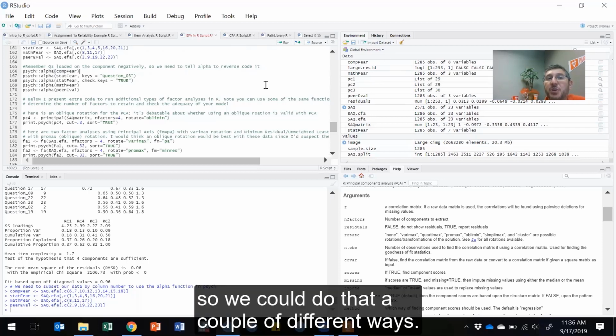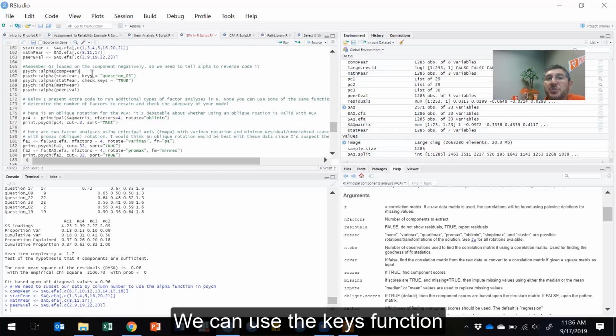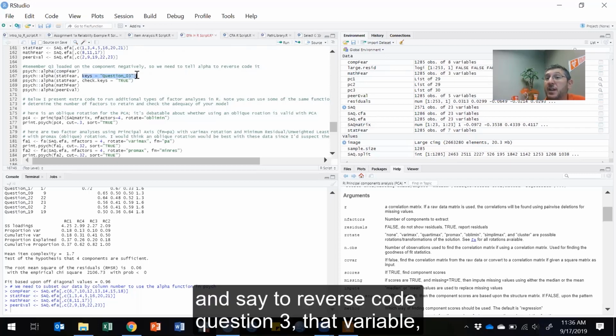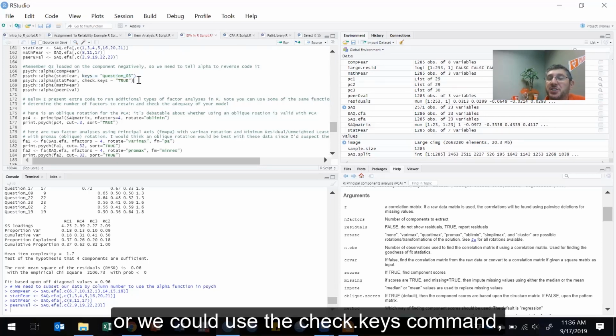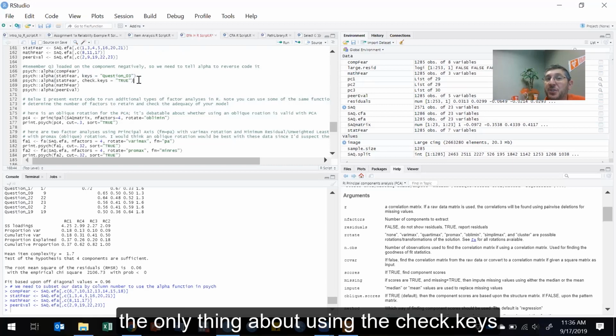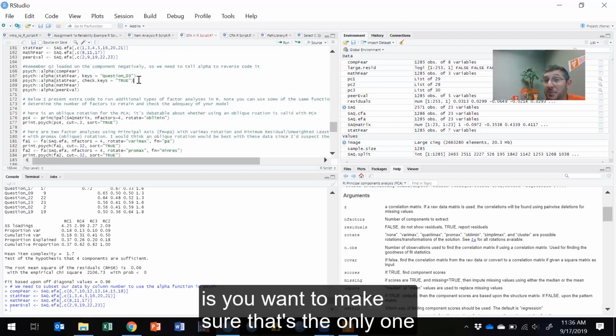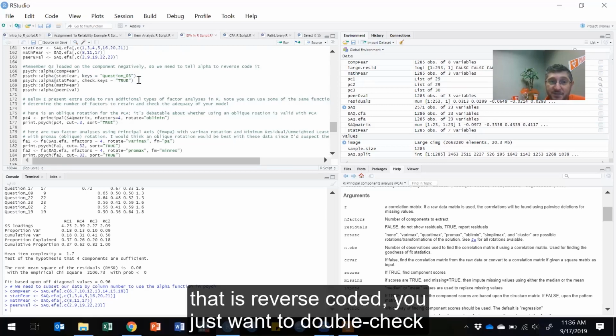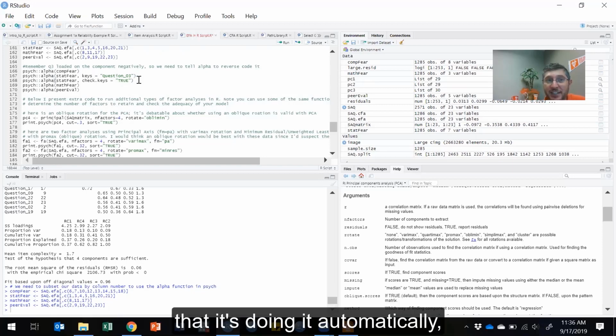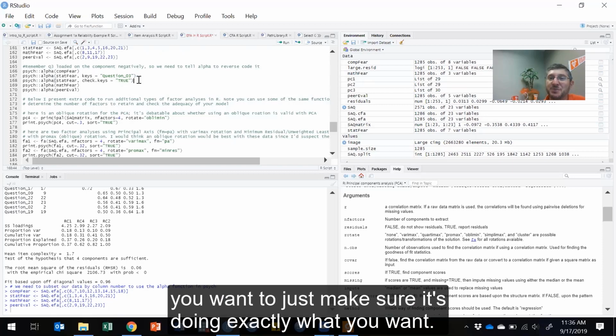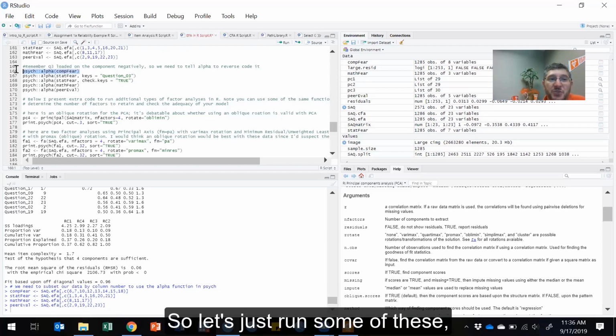We can do that a couple different ways. We can use the keys function and say to reverse code question 3, that variable. Or we could use the check keys command. The only thing about using the check keys is you want to make sure that's the only one that is reverse coded. You just want to double check that it's doing it automatically. Whenever you get it to do it automatically, you want to just make sure it's doing exactly what you want. So let's just run some of these.